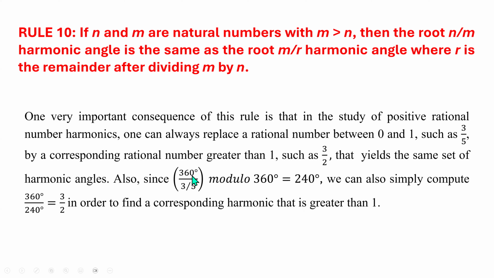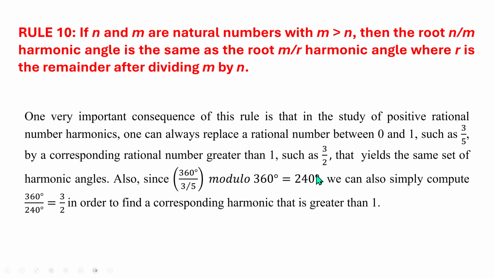Note that if I divide 3 into 5, I get a remainder of 2. So this rule says that the angles you get back for the 3/5 harmonic will be exactly the same as what you get back for the 3/2 harmonic. Now, another way to figure out what this harmonic should be is you divide 360 degrees by 3/5, reduce that modulo 360 degrees to get your root 3/5 harmonic angle.